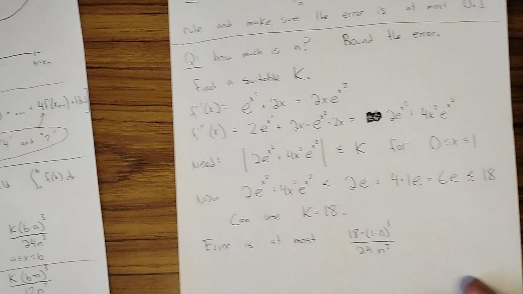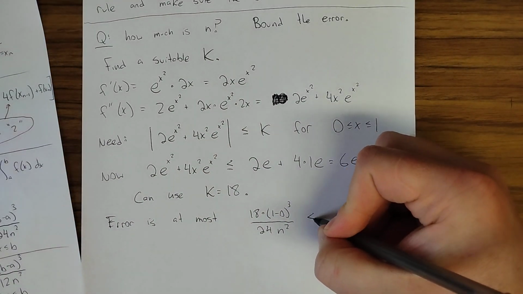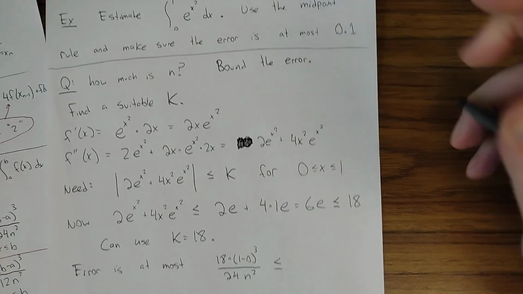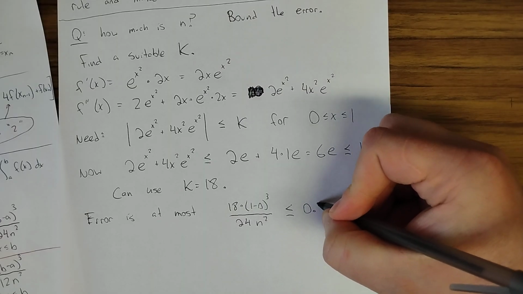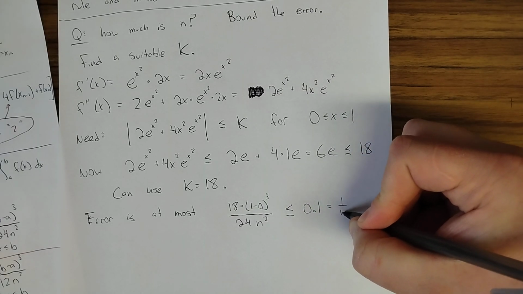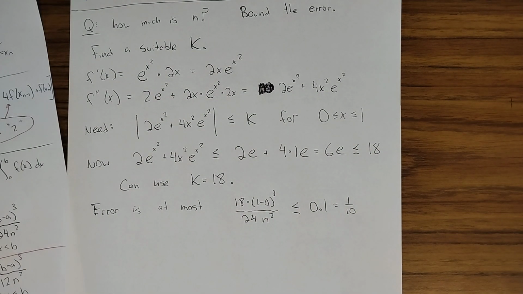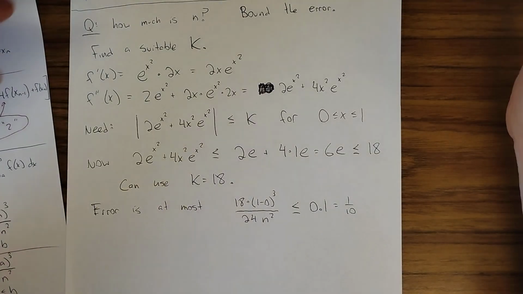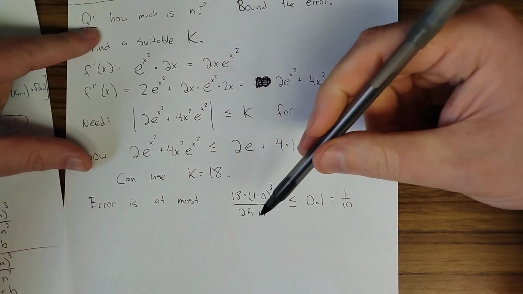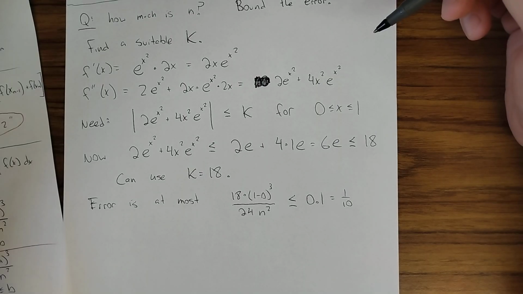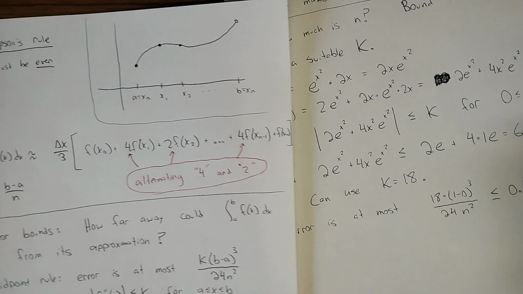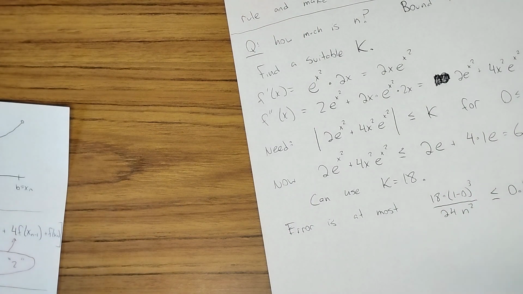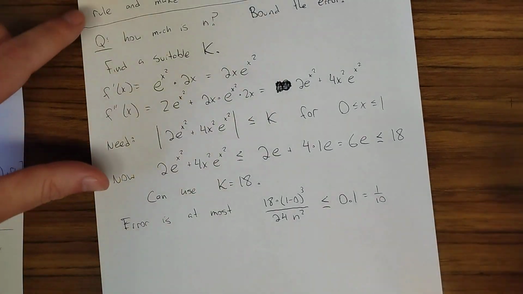And what I want is the error to be at most 0.1. So let me call that 1/10, right? This is how we're going to figure out how big n needs to be. And then once I figure that out, I'm just going to use the formula for the midpoint rule.